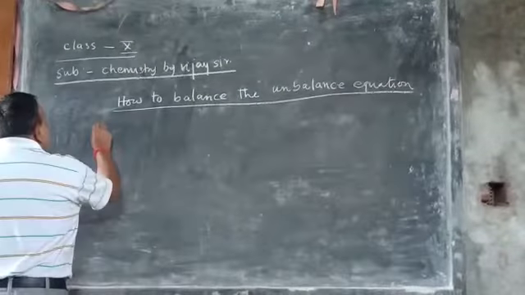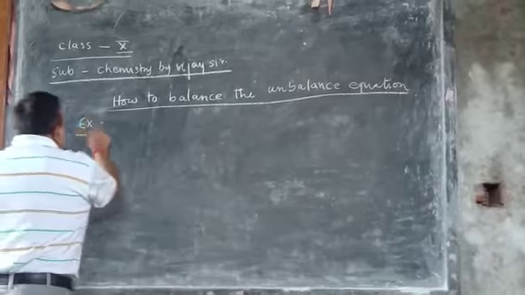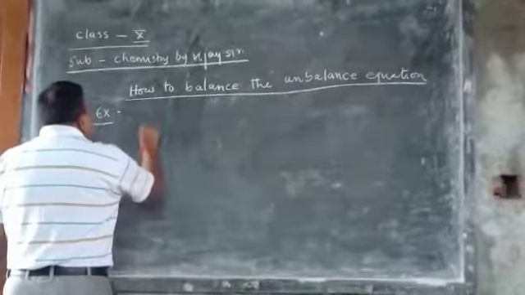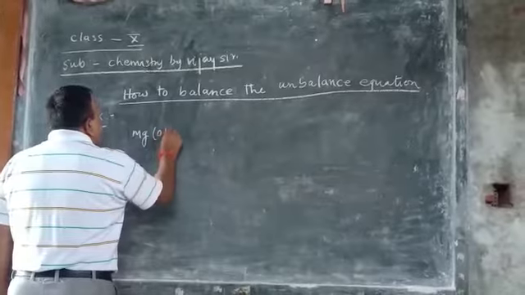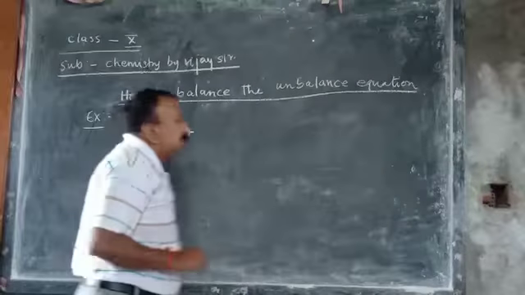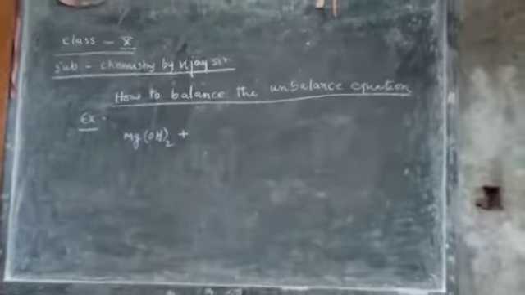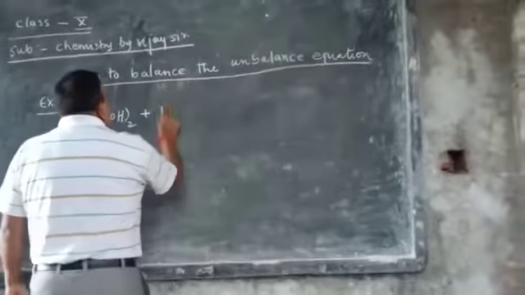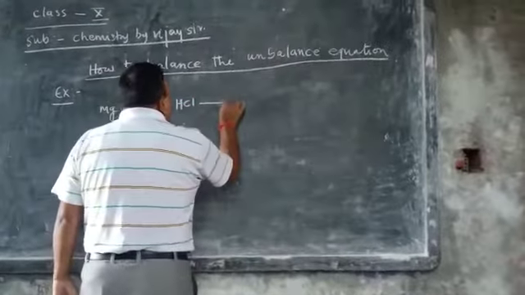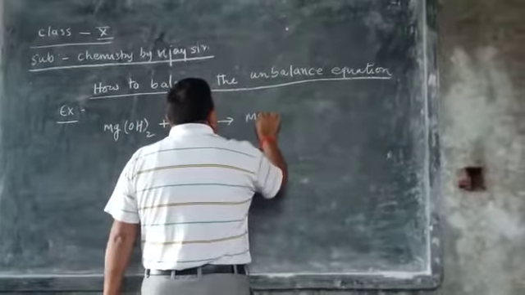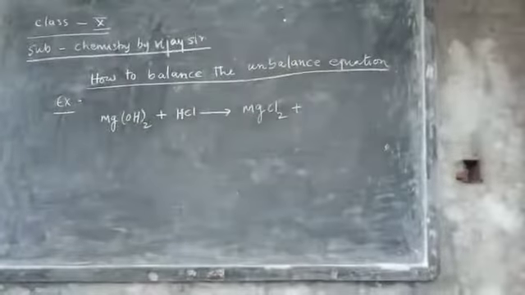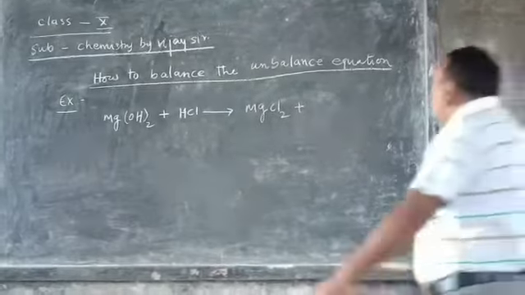We have one example. The example is Mg(OH)2 plus HCl gives MgCl2 plus H2O.